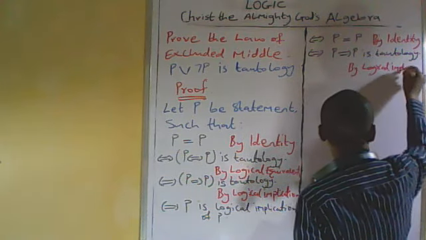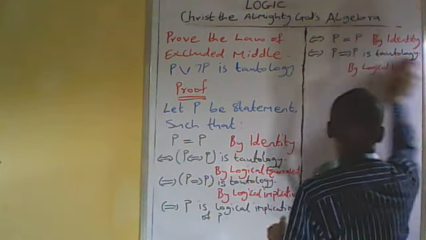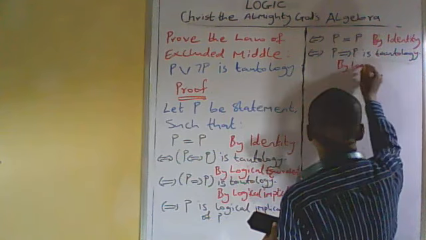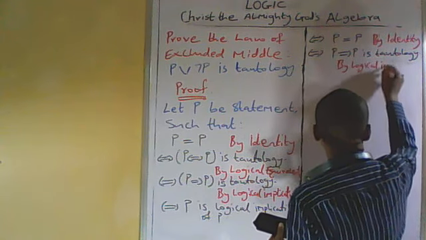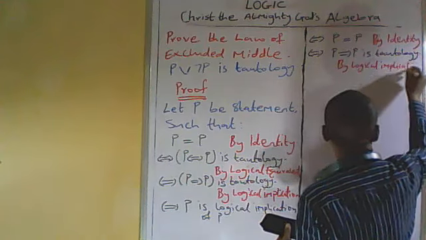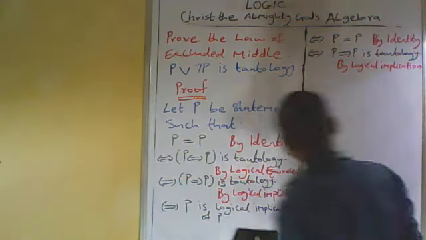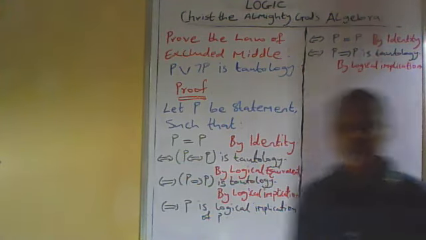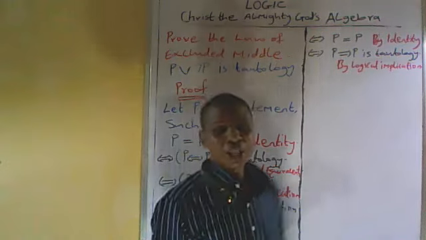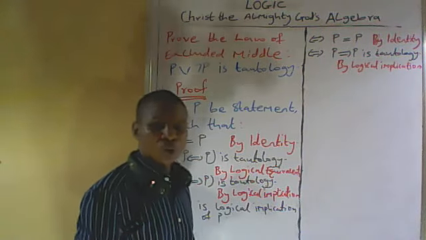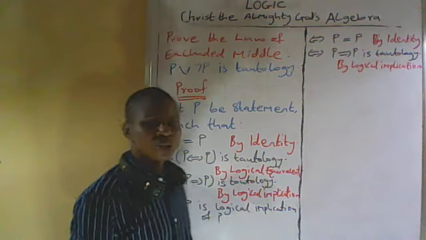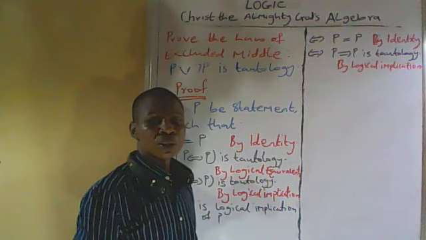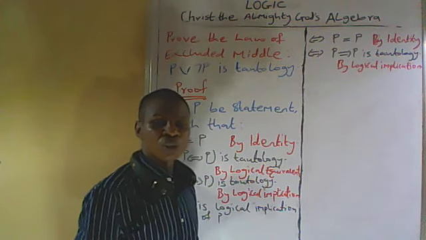Since we have now derived that P implies P is a tautology, now let us use the first implication law of equivalence to transform it into a disjunctive statement.